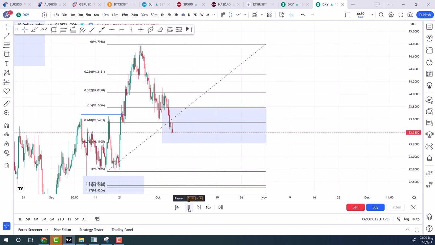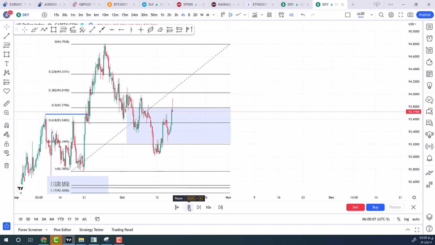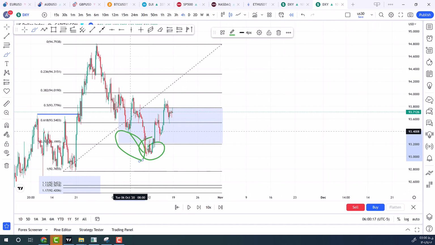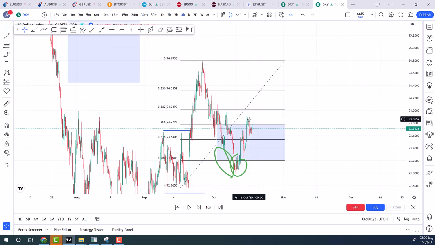Let's see what happens. It went up from this point, and it will be filtered out with our trading setup that I'm going to talk about. Don't worry about it. And our selling setup worked as well.